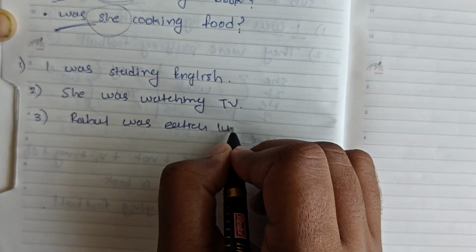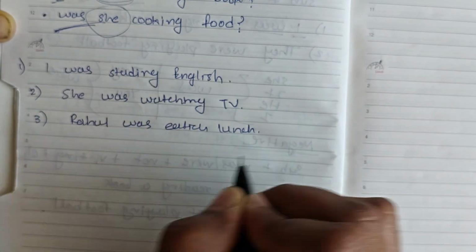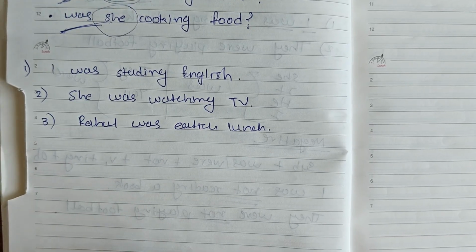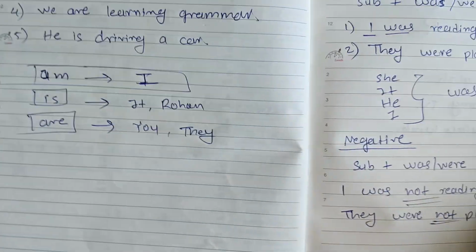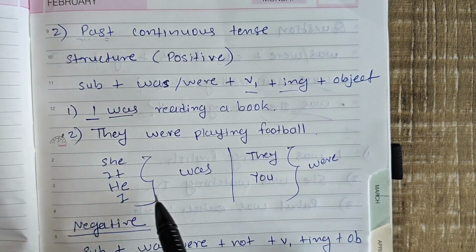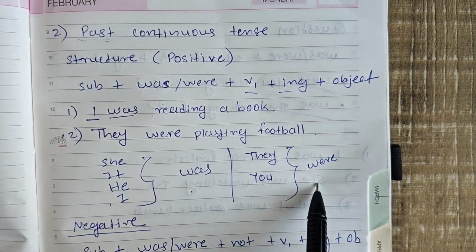So those are the examples. This is the point you have to remember: when to use was and were. That's simple.